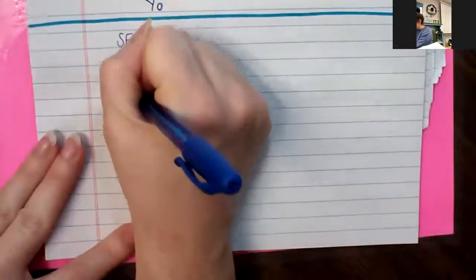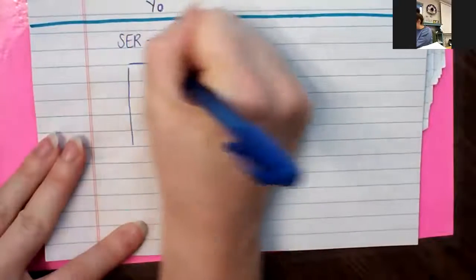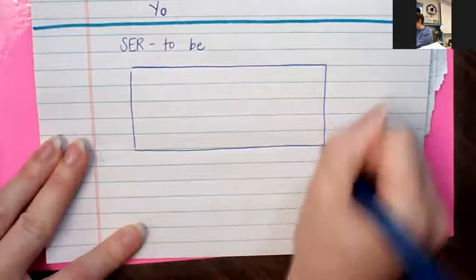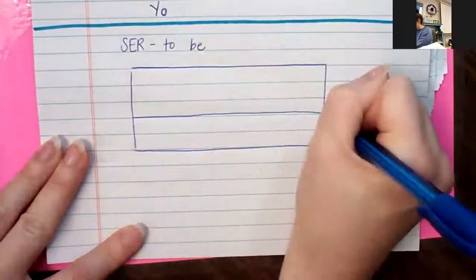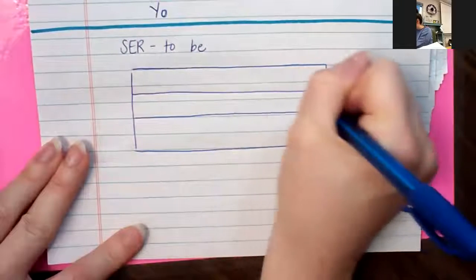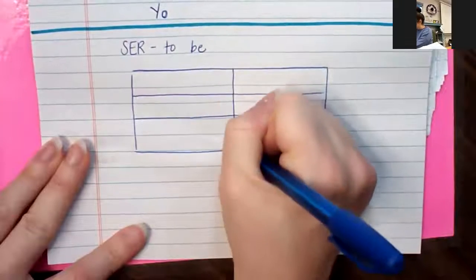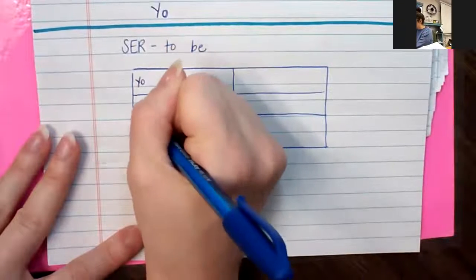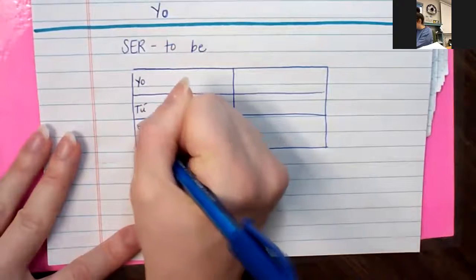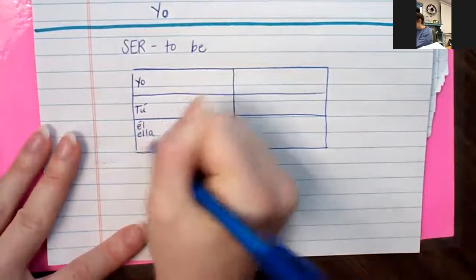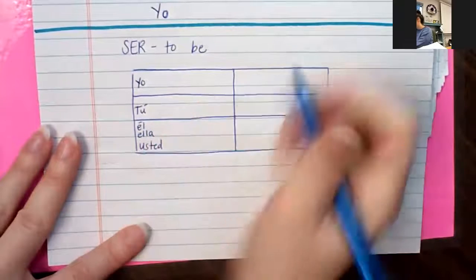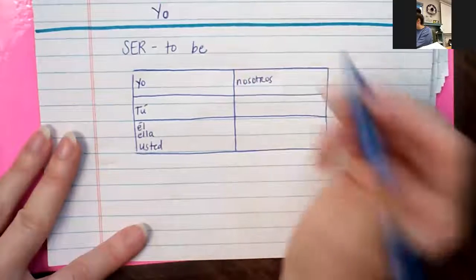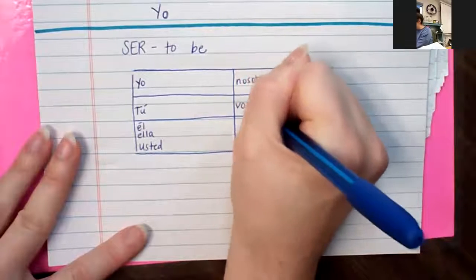So I know we've seen this chart before, but just to help you all visualize, I'm going to go ahead and draw it out again, as practice makes perfect. And I'm also going to write in the subject pronouns from the chart that we just drew up there. So the verb ser, it means to be.